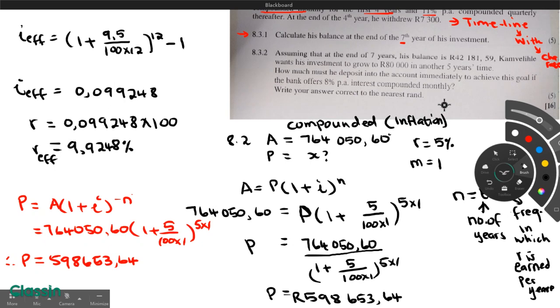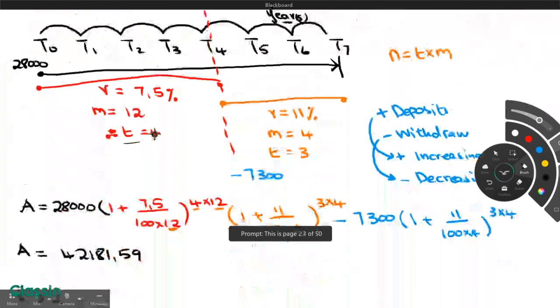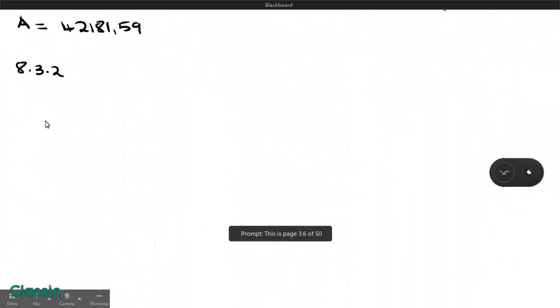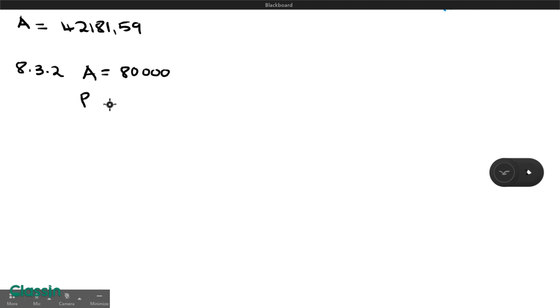Now, let's interpret this correctly. In 8.3.2, we are told that this person no longer wants this money. It means that he wants his future value to be 80,000. Presently, how much does he have? He has 42,181.59.